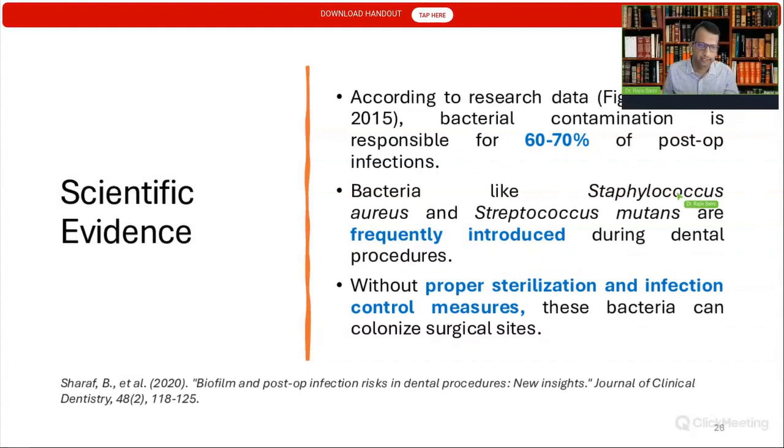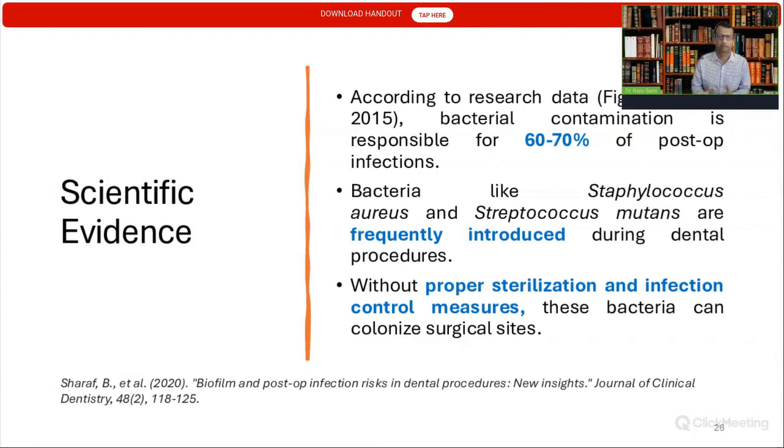According to research data and a study by Fugu et al., bacterial contamination is responsible for 60 to 70% of post-op infections. And the key pathogenic organisms in the oral cavity are Aggregatibacter actinomycetemcomitans, Porphyromonas gingivalis, Prevotella intermedia, Tannerella forsythia, Fusobacterium nucleatum, Peptostreptococcus, and Campylobacter rectus.